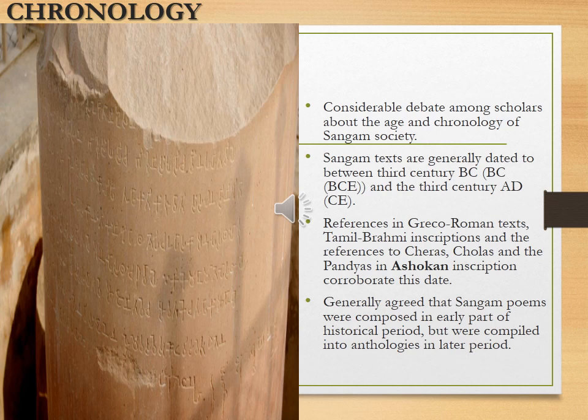The written evidence, the references in Greek or Roman texts, Tamil Brahmi inscriptions and the references to the Chera, Chola, Pandya in the Ashoka inscription corroborate this date, the 3rd century BC to the 3rd century AD.